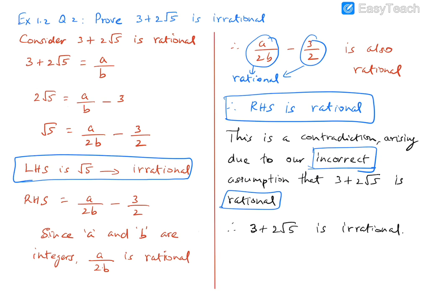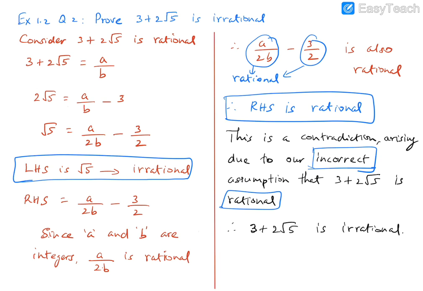So this is a contradiction. Therefore we can conclude that 1 over root 2 is irrational. Okay, so we have proved that 1 over root 2 is irrational.